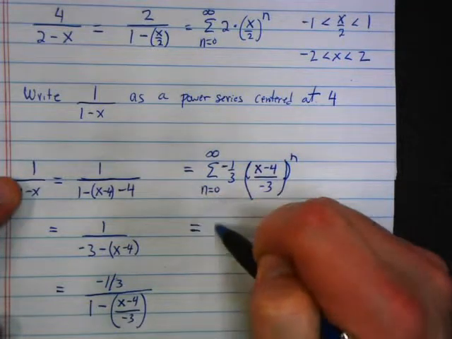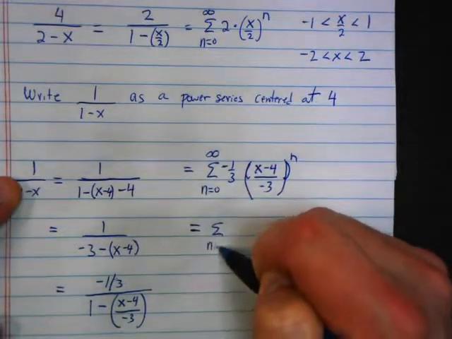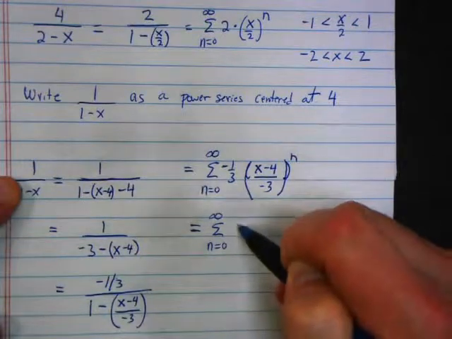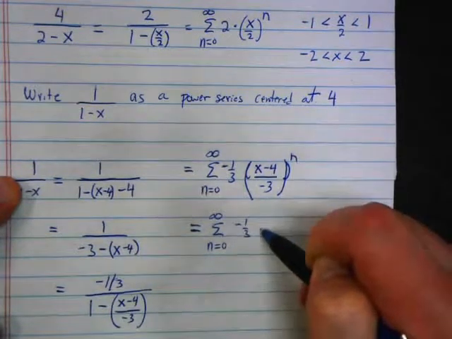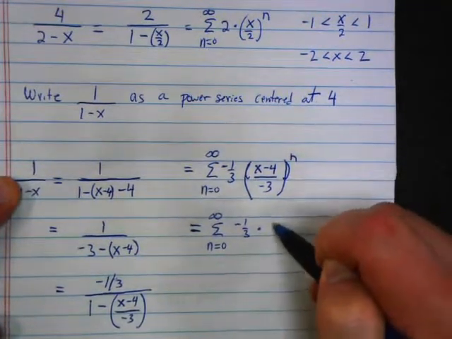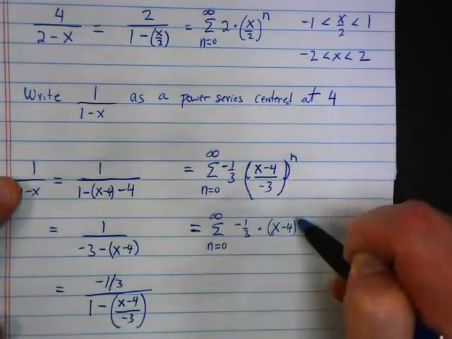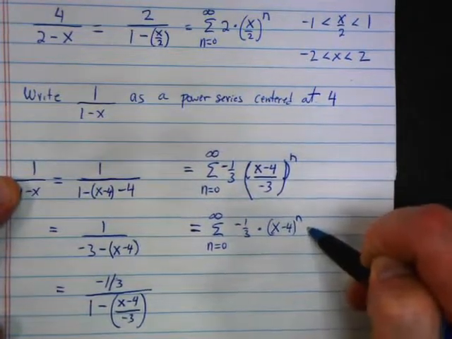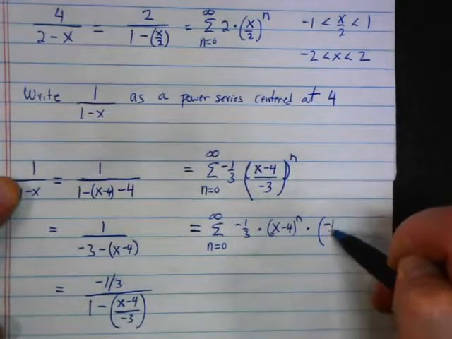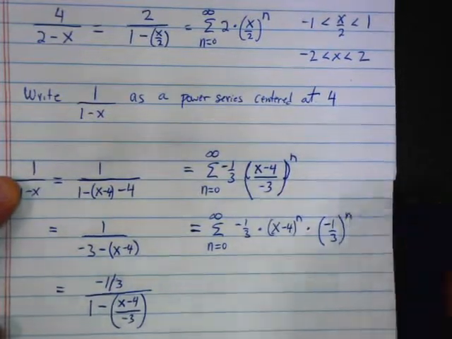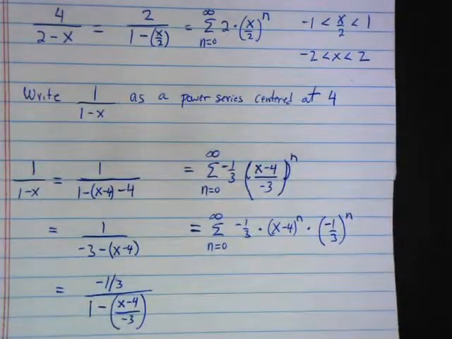Normally what we would do is rewrite this as the sum from n equals 0 to infinity of -1/3 times x minus 4 to the n times -1/3 to the n. What did I do there? Just took it apart.